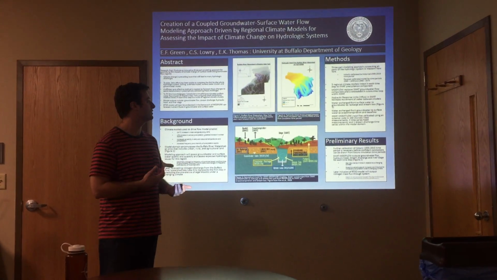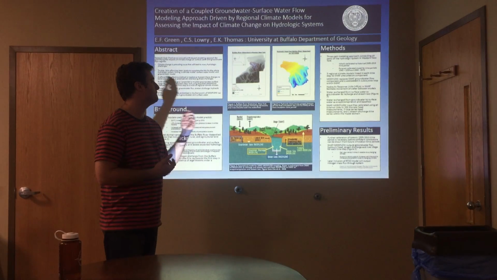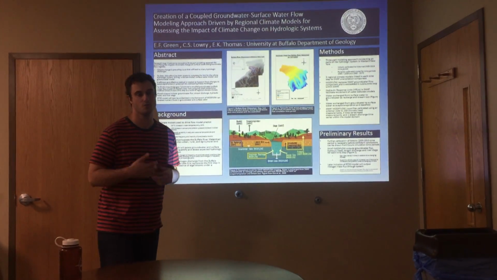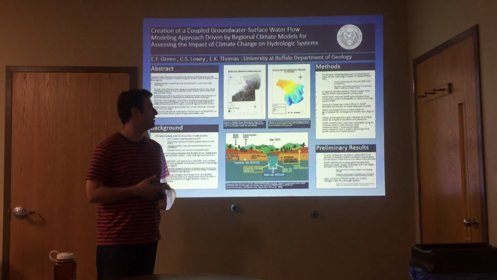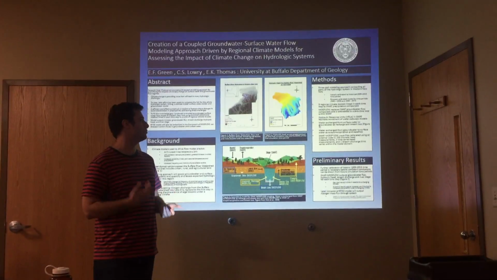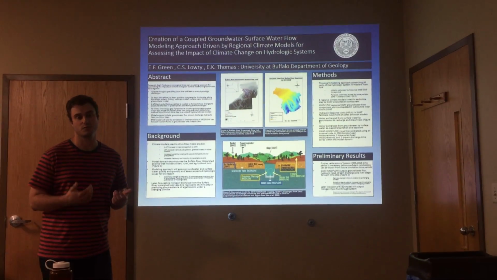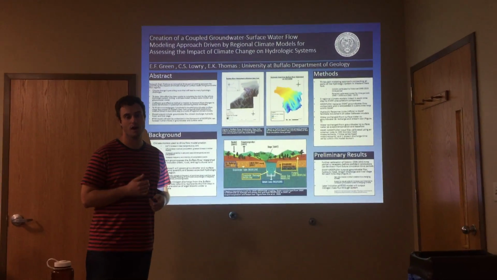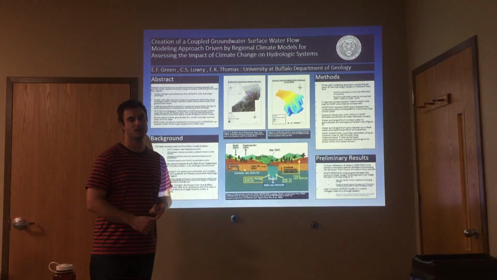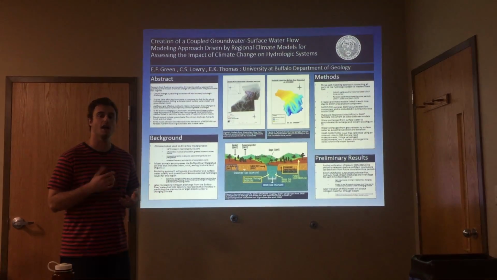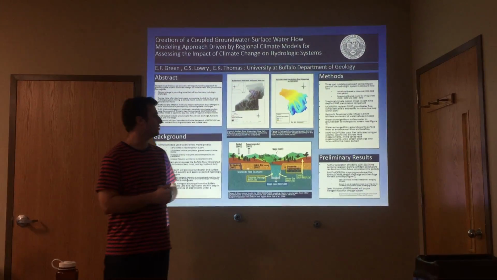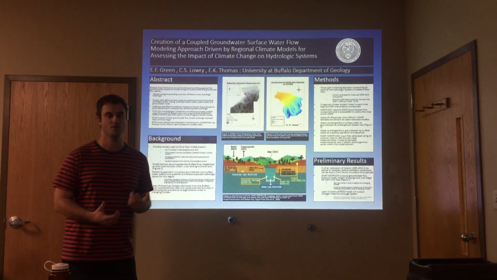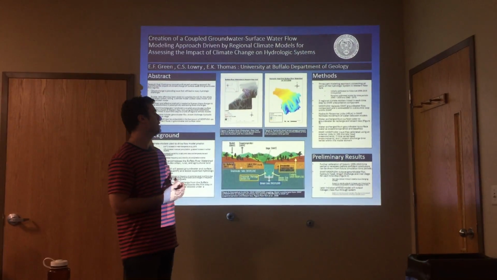The SWAT-MODFLOW method works such that MODFLOW replaces the SWAT groundwater component and is embedded in the subroutine within SWAT. Hydrologic response units, HRUs, which are a component in SWAT, which is a discrete combination of land use, soil type, and slope, are really what are going to be facilitating the movement of water between these two models.